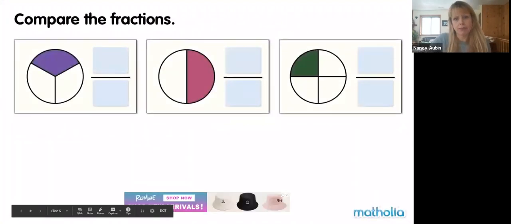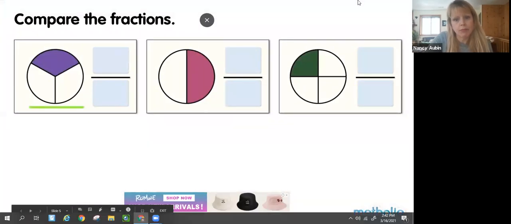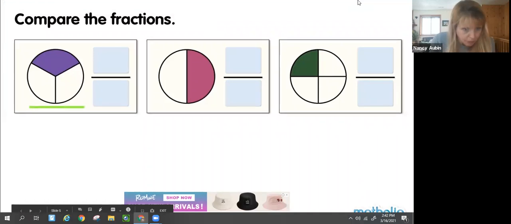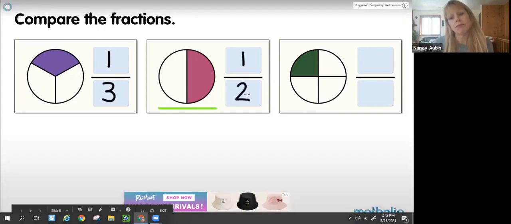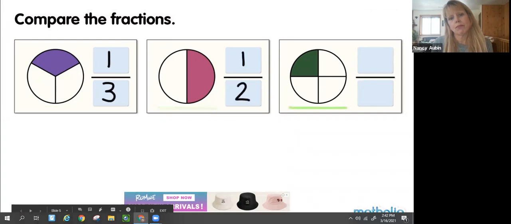Compare the fractions. This circle has 3 equal parts. One part is shaded. 1/3 of the circle is shaded. This circle has 2 equal parts. One part is shaded. 1/2 of the circle is shaded. This circle has 4 equal parts.